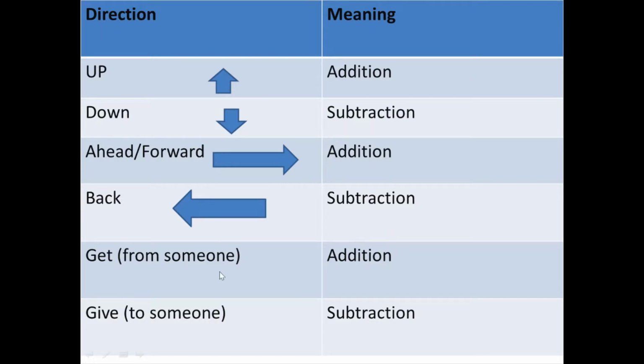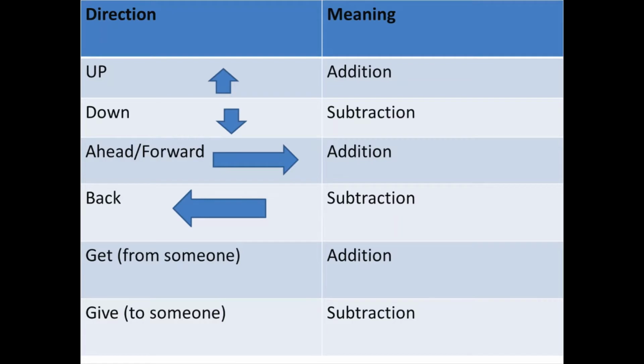Okay, if we get something from someone, what we do? Addition. You remember Kanav got chocolates, so we did addition. But when Kanav has to give chocolates to Avika, what we did? Subtraction.